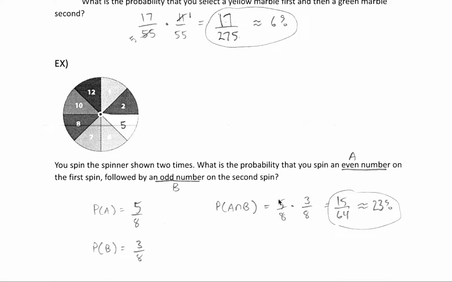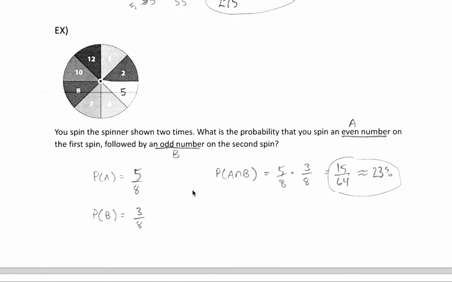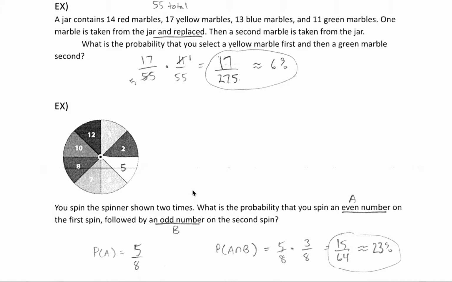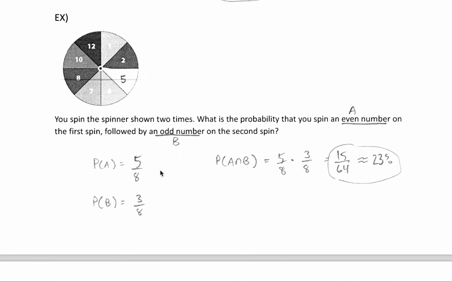We couldn't cross-reduce anything here, so we can't reduce our final fraction either. And then we could think about it in percentage form, 23%. So 23% chance of spinning an even number followed by an odd number. So those are independent events. We just multiply the probability of each independent event.